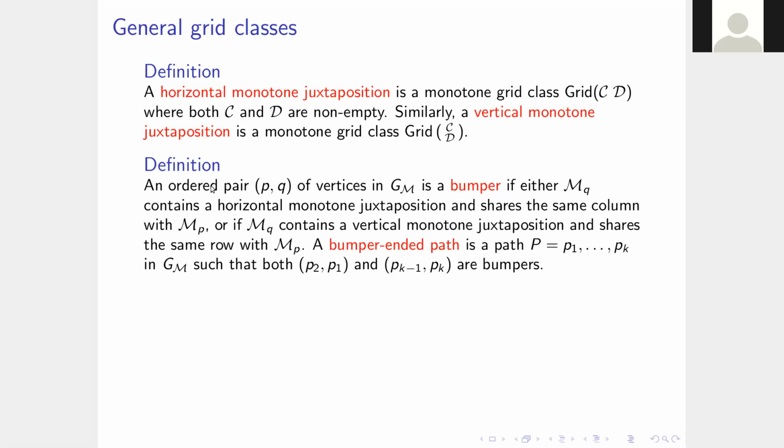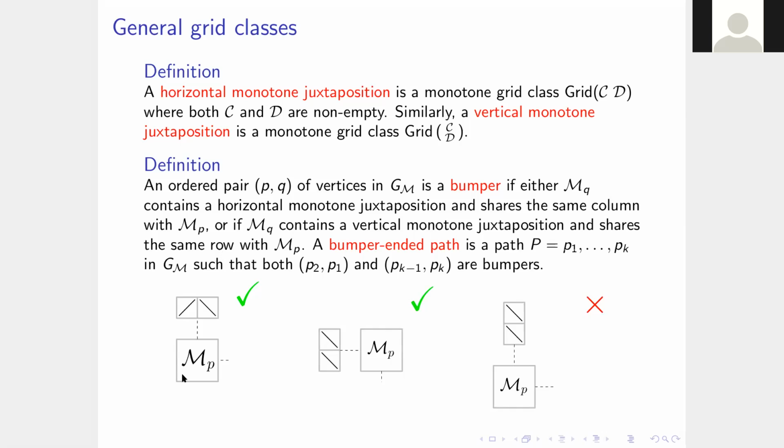And we say that an ordered pair PQ of vertices in the cell graph is a bumper if either the entry corresponding to the vertex Q contains a horizontal monotone juxtaposition and those 2 share the same column, or if it contains a vertical monotone juxtaposition and the 2 entries share the same row.